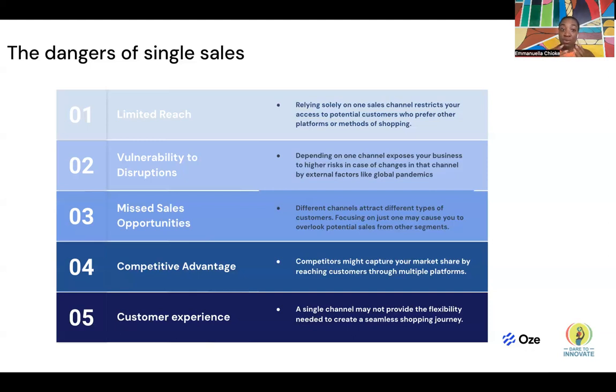And finally, the fifth danger of a single sales channel is lack of flexibility for a customer experience. A single sales channel may not provide the flexibility needed to create a seamless shopping journey. And so this is also very closely related to the sales preferences of your customer.